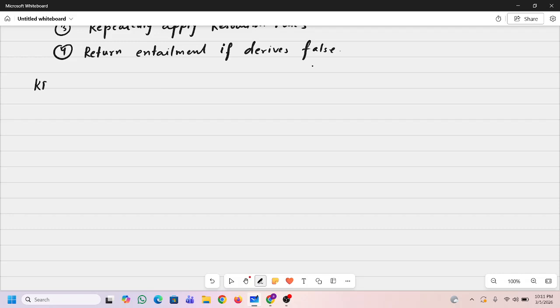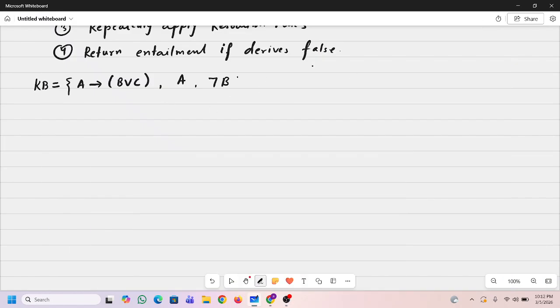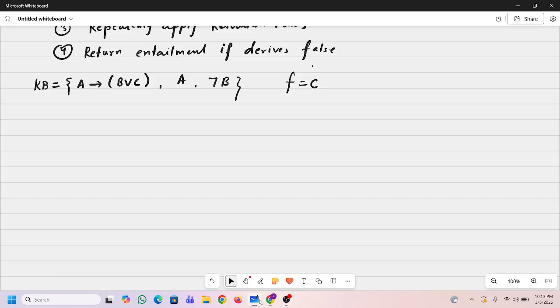Let us say we have KB equal to A implies B or C, and then we are given A, and then we are given negation of B. We are given the formula F equal to C. Now we need to prove whether KB entails C.